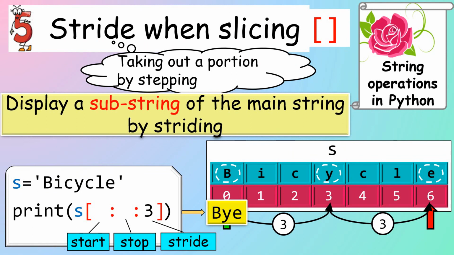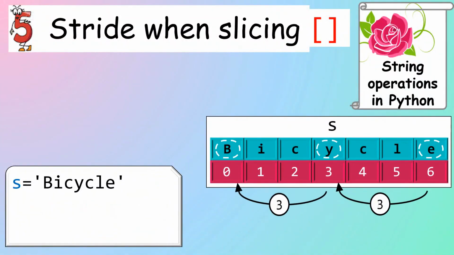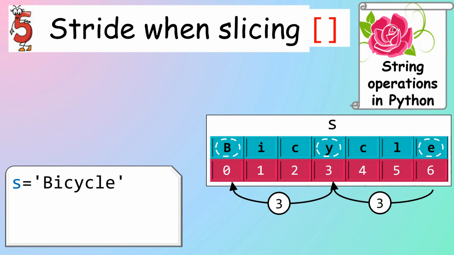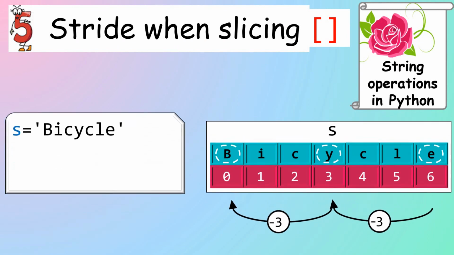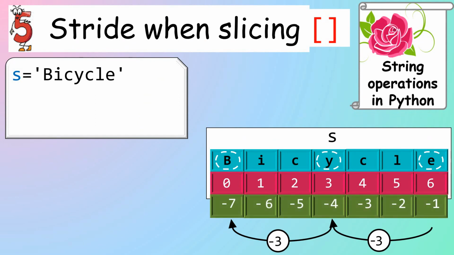We can also stride in the backward direction. So suppose I want to stride in the reverse direction. The stride value must be negative. And not only that, you should use negative subscripts or negative indexes for slicing. So I will write the print statement now.